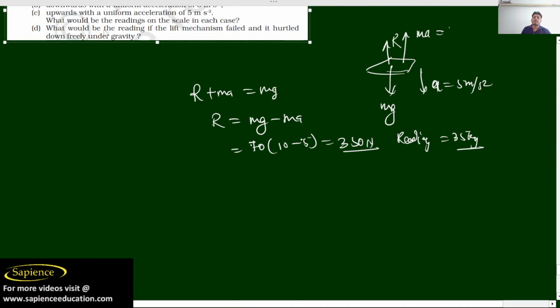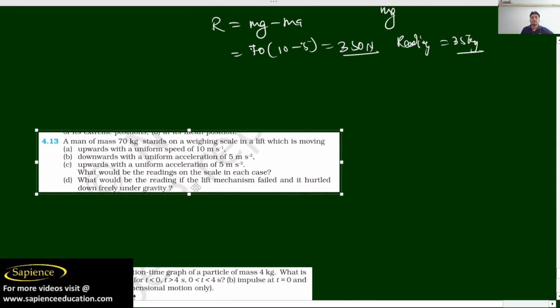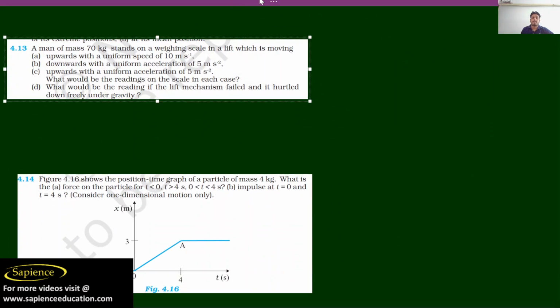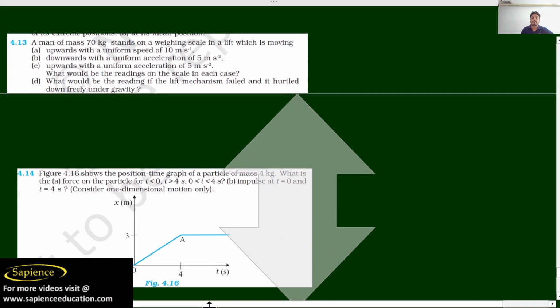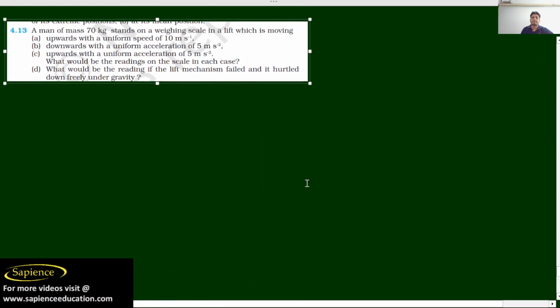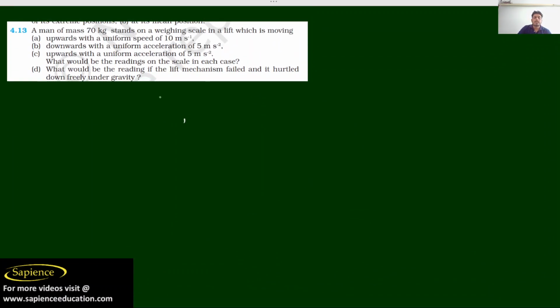Now I will show you the third case. In the third case, the lift moves upward with a uniform acceleration of 5 meter per second squared. So here an upward acceleration is there.